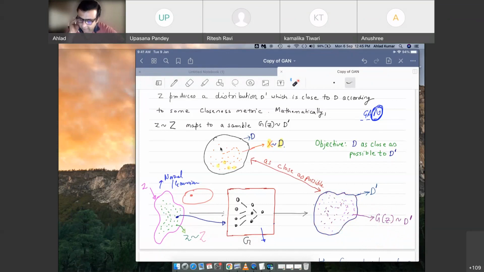So our target is to make this D hat as close as possible to D.